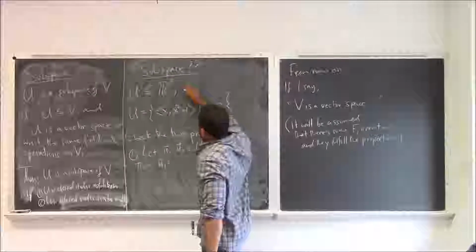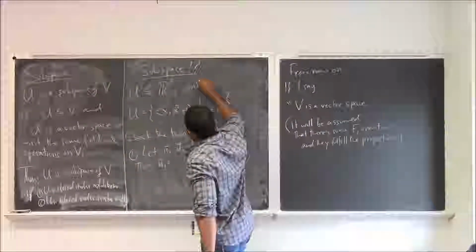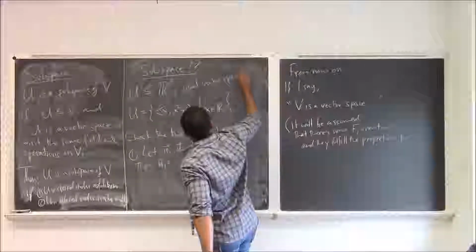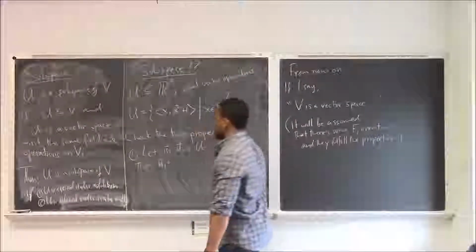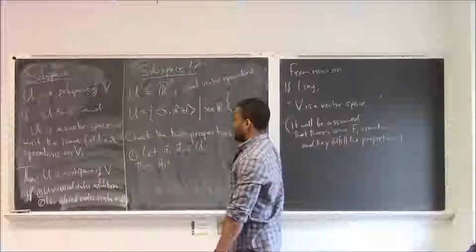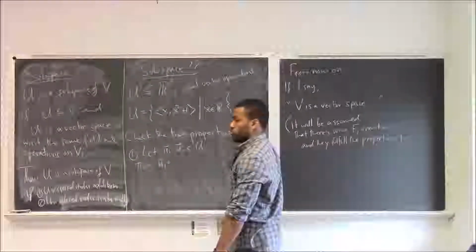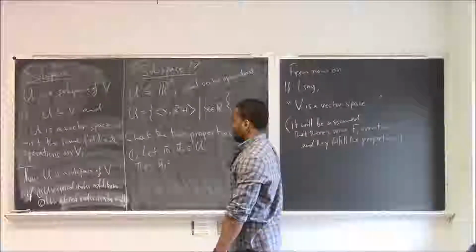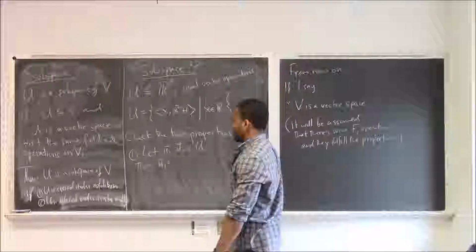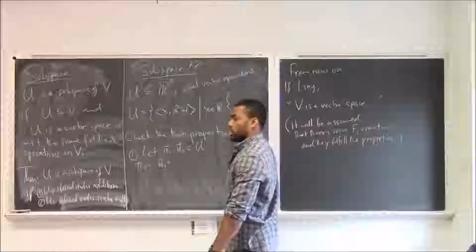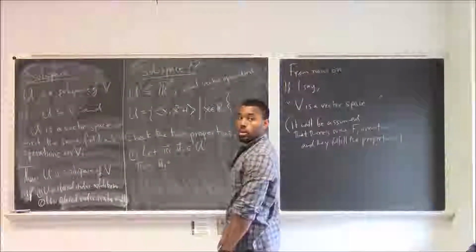Oh, and by the way, we're talking about the usual vector operations here, the ones you know from Calc 3. So how would I describe them and verify? Should we label like x? How do I know if I add these two things, I get something in the set or not? If you can write it in that form.